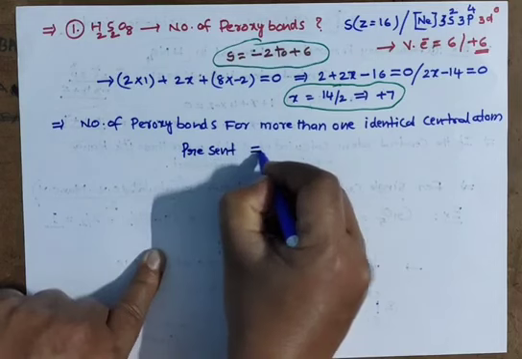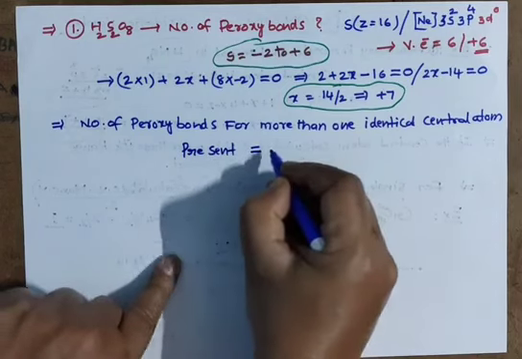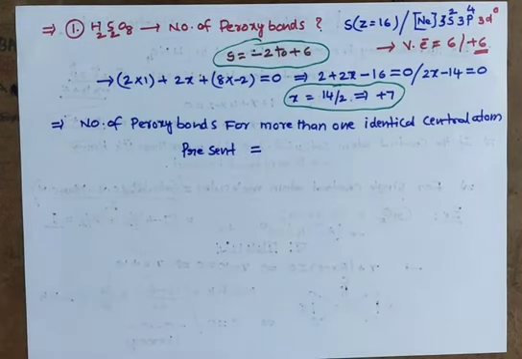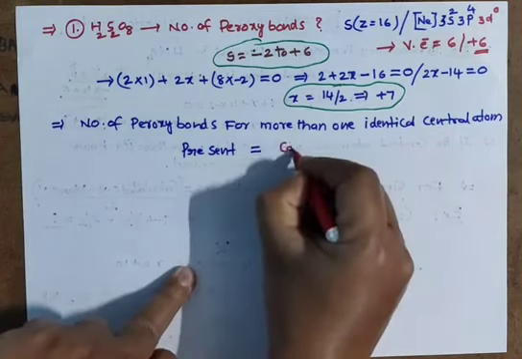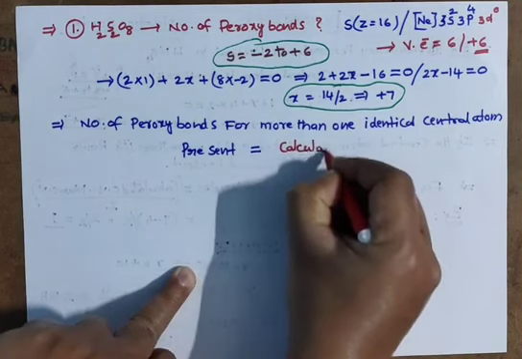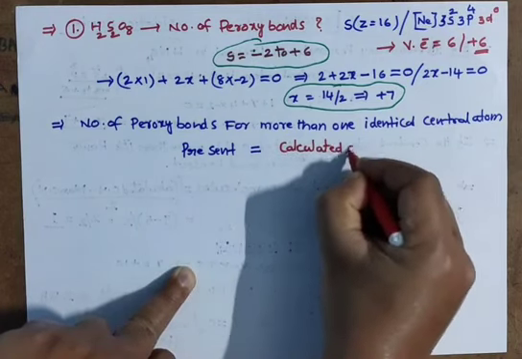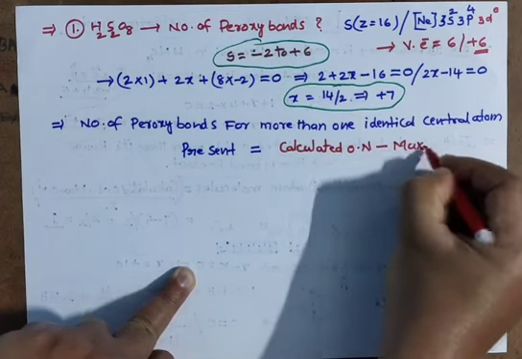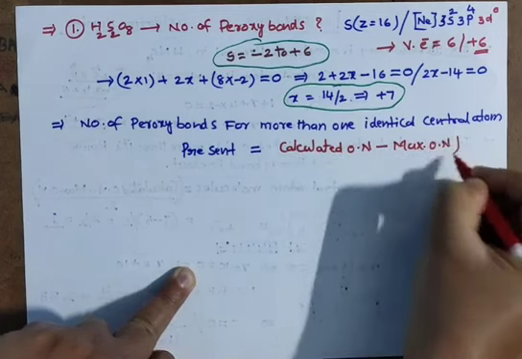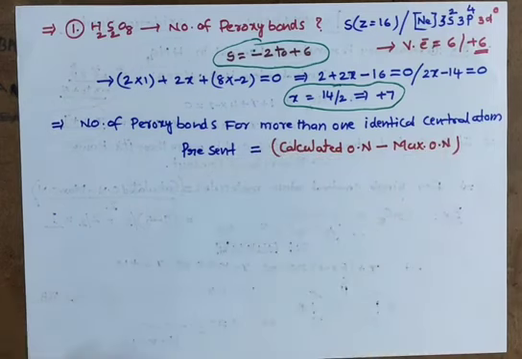Identical atoms present. Then the formula: if more than one central atom is there, identical, the formula is calculated oxidation number minus maximum oxidation number. This is a simple formula. Clear? Now you substitute the value.